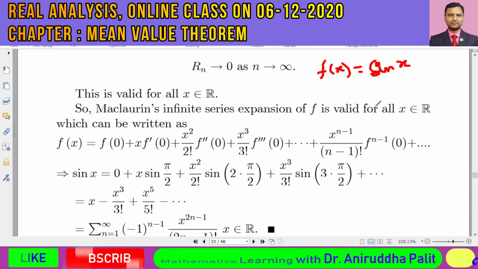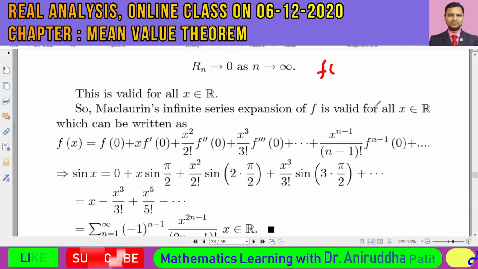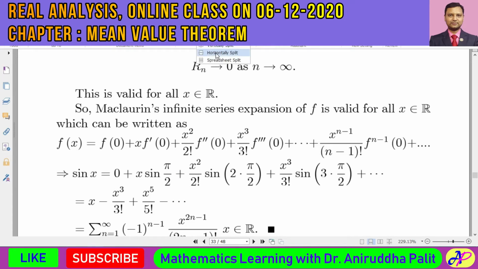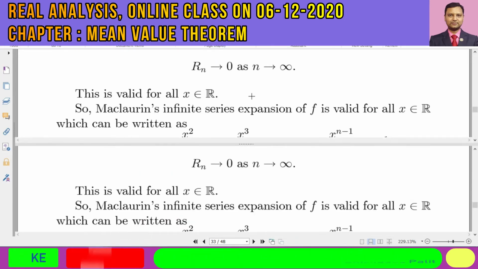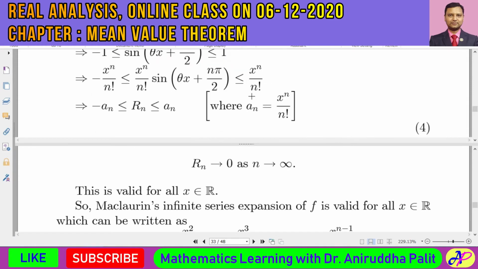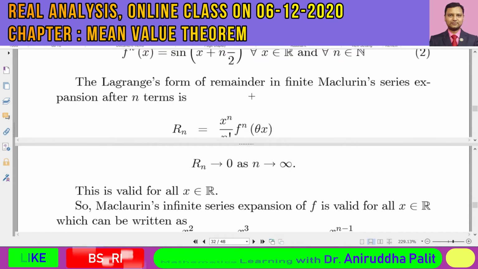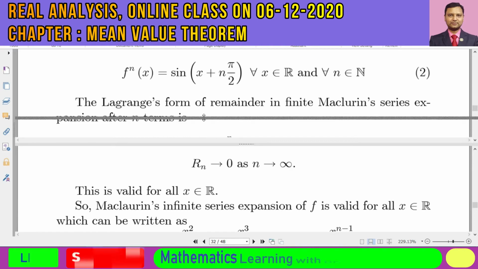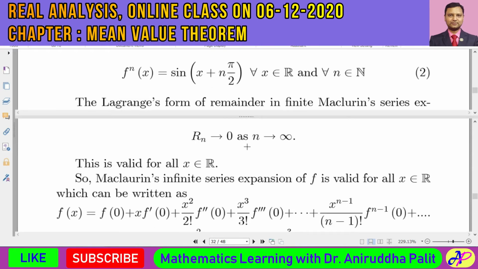And what is f n x? Better writing in this way. Let me split the screen. Hopefully this would be comfortable for you. What is the nth derivative? The nth derivative f n x is equal to sine of x plus n into pi by 2.